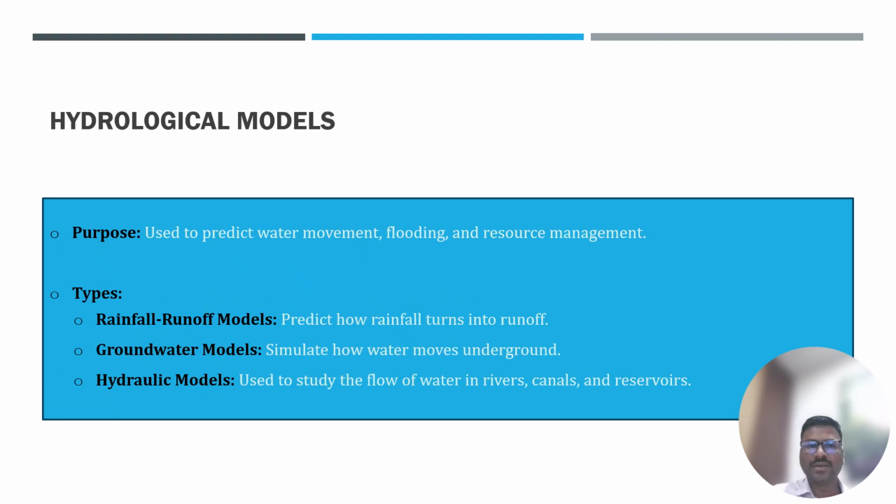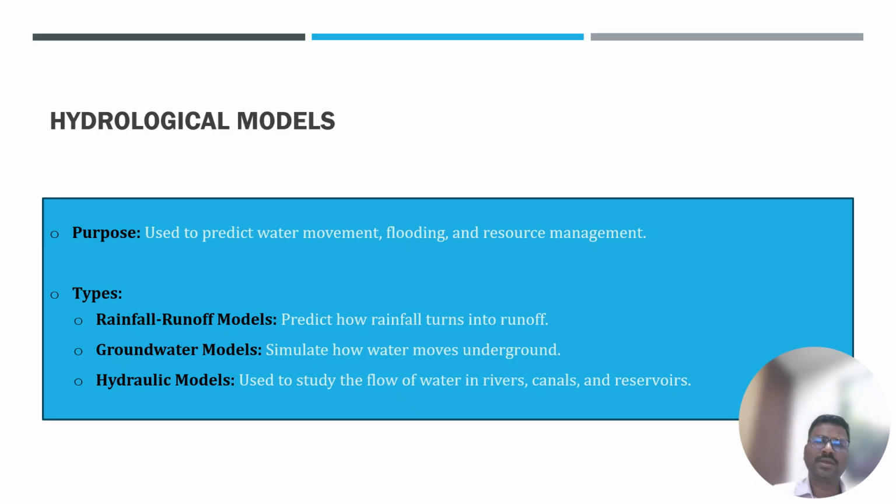Okay. Then let's talk about the hydrological models and what kinds of types there are. The main purpose of a hydrological model is to predict water movement, flooding, and resource management. Rainfall runoff models predict how rainfall turns into runoff.